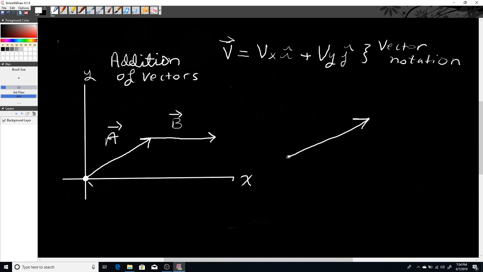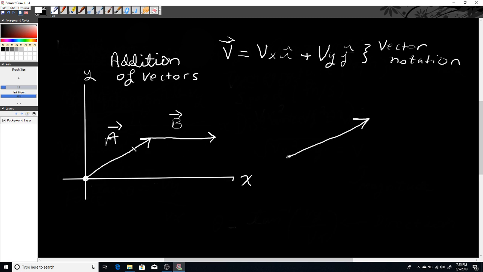One is this way, where we have an arrow going to its head over here, and then the tail of the next arrow, or the next vector, is connected to the head of the original one, and it's drawn in whatever motion or direction it'll move.